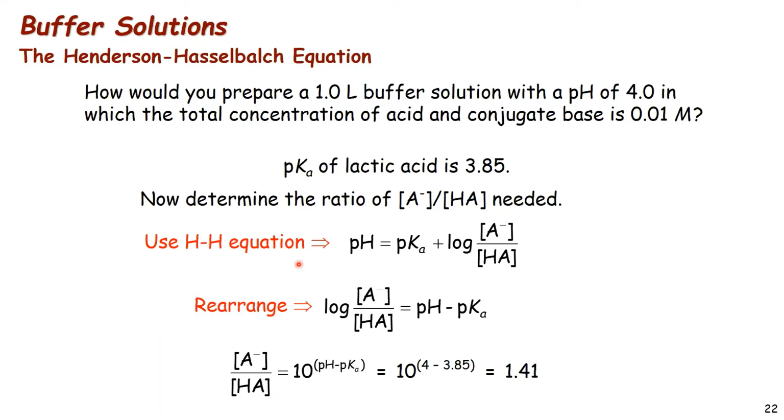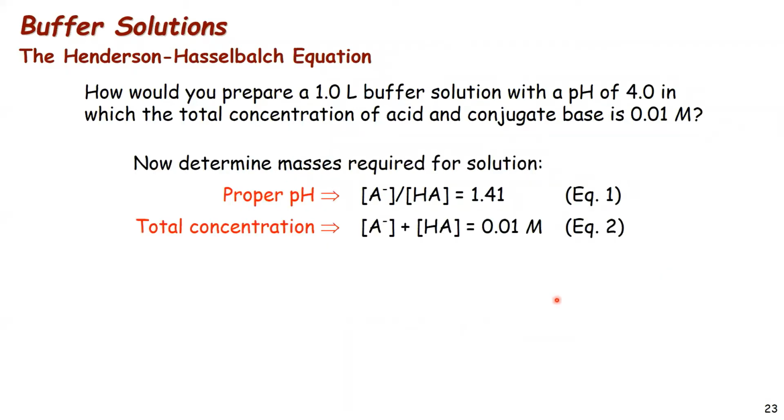Well, there was my first equation. Katrin, could you tell me a second equation that we could use? The buffer capacity. Yeah, right. So beta equals the concentration of the acid plus the conjugate base. So that's our second equation that we can use. Okay. So there it is. There's our buffer capacity. We said the concentration of the base plus the concentration of the acid is equal to 0.01. So there's our buffer capacity, total concentration.